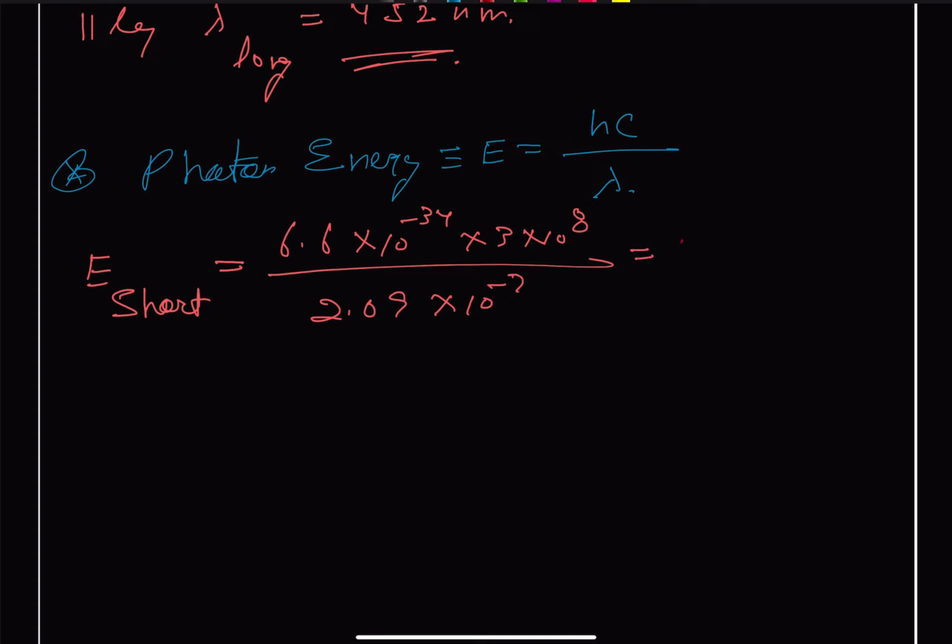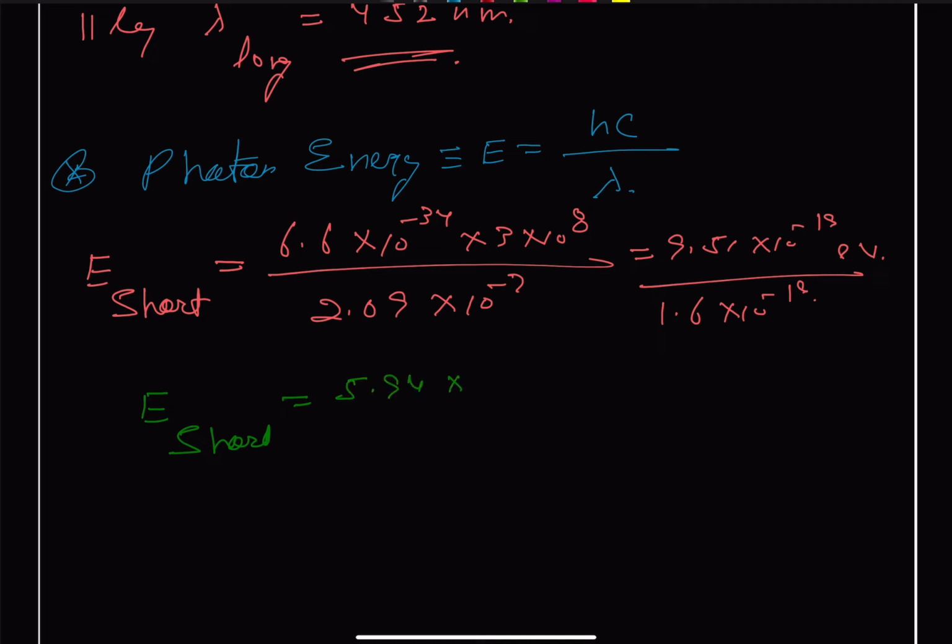This gives us 9.51 × 10^-19 joules. Or we can convert into electron volt by dividing by 1.6 × 10^-19, and we get E short equal to 5.94 electron volt.